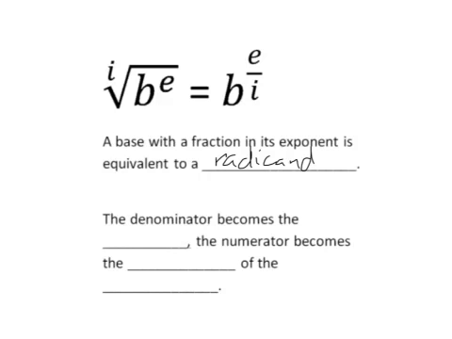The denominator of the fraction becomes your index, and the numerator becomes the exponent of the radicand.